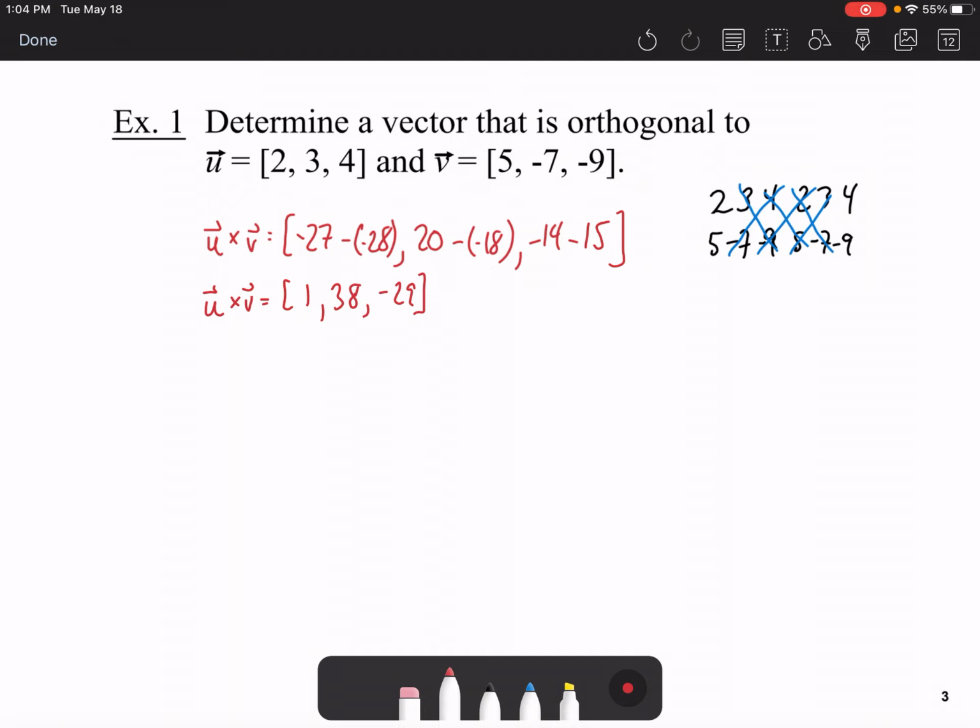What this does is it generates one vector that is orthogonal, which is, in this case, 1, 38, and negative 29, which is orthogonal to both 2, 3, and 4, and 5, negative 7, and negative 9. If you want, you can prove this by dotting the product between 1, 38, negative 29, and 2, 3, 4 to get 0, and same thing with the other vector.